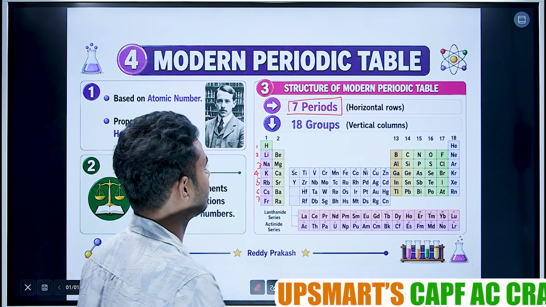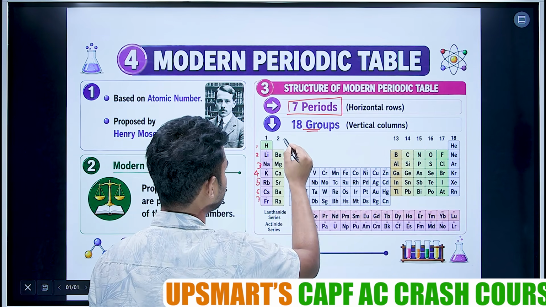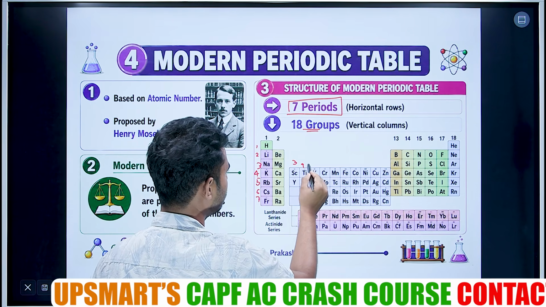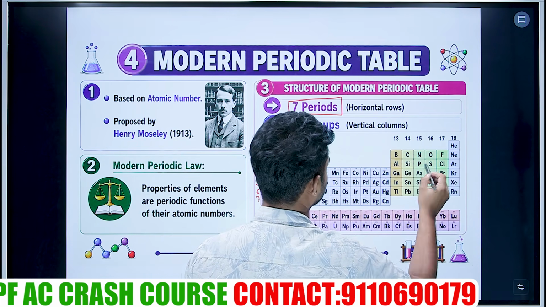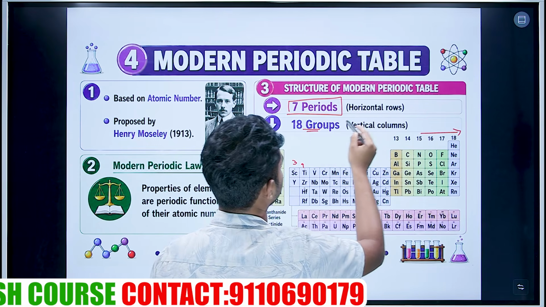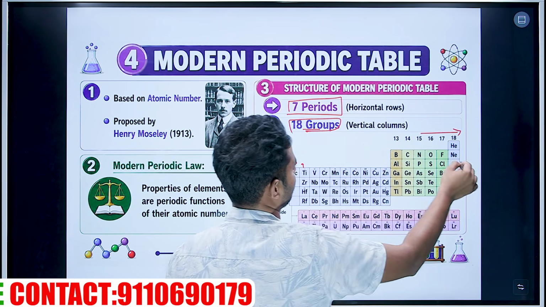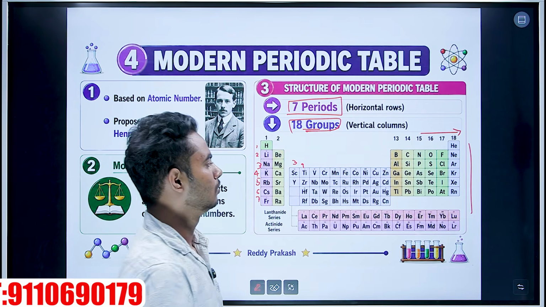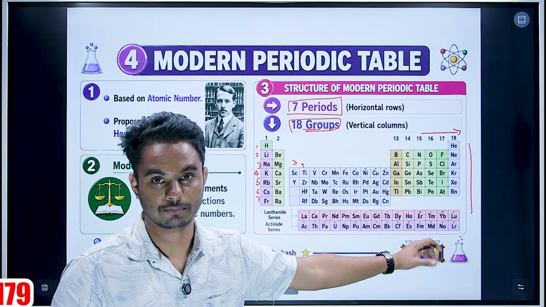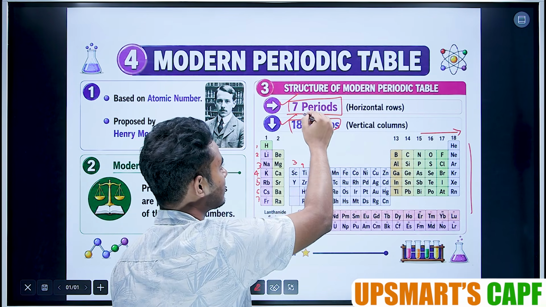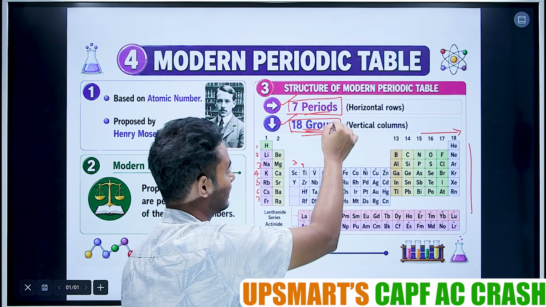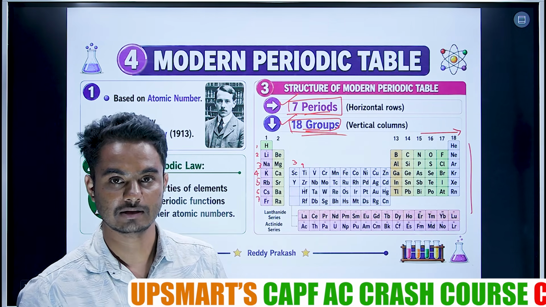And there are 18 groups: 1, 2, 3, 4 and so on, 13, 14, 15, 16, 17 and 18. Groups are the vertical columns. Understood? This can be a very important question: 7 periods, 18 groups. They can interchange it and ask as a question.